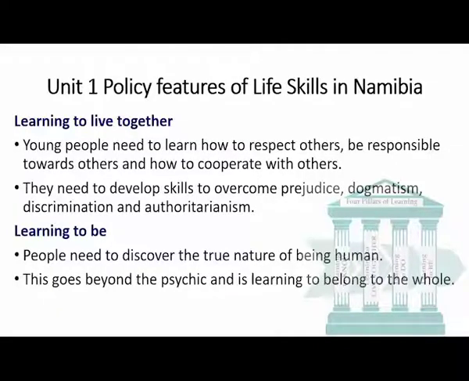Not only to be able to do things correctly and being productive, being able to work in a team, but also to respect people, be responsible toward them, and also to be able to work together to cooperate with others. They need to develop skills to overcome prejudice, dogmatism, discrimination, and authoritarianism. So these are the things.